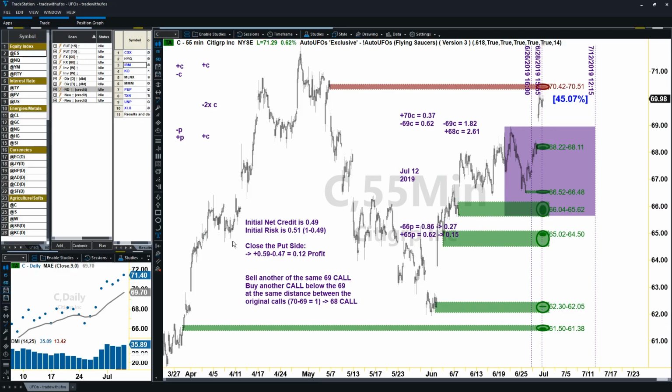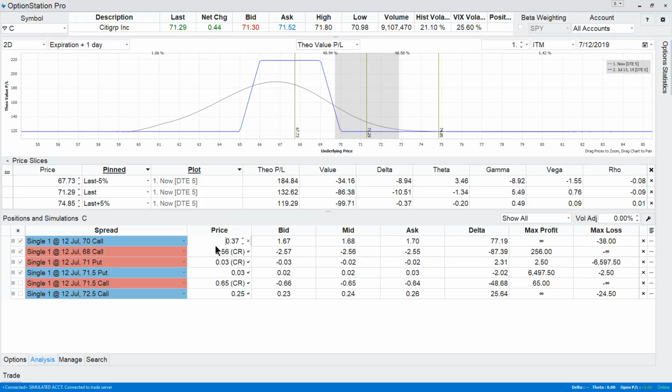The 69 paid us 62. Getting there. Okay, so you can see I got the calls. 70 paid us 37, 69 paid us 62. So we paid 37, we received 62. Okay, this is the beginning of the trade.